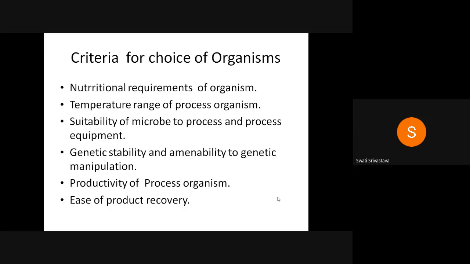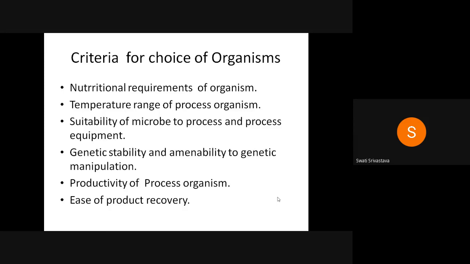Suppose we are talking of oxalic acid. If that ability is reduced, then the microbe is of no use. So the DNA content or the genetic component of the microbe should be highly stable.